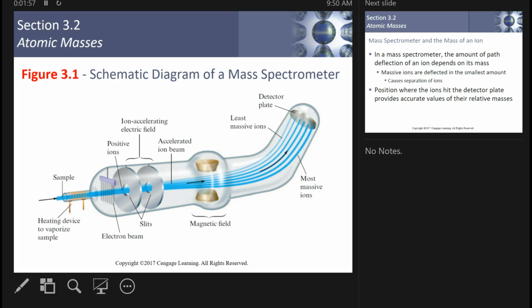You have positive ions that go through. You have an ion accelerating electric field, an ion beam, and then there's a magnetic field splitting the least massive ions from the most massive. Okay, so that you can get a reading.